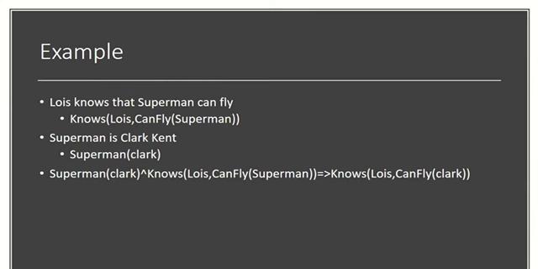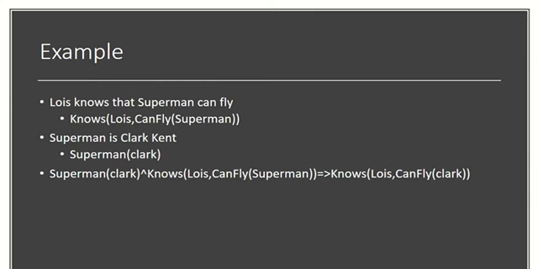Okay, let's take another example. Let's take the mathematical example here. 2 plus 2 is equal to 4. And 5 is greater than 2 plus 2, or we can say 5 is greater than 4.